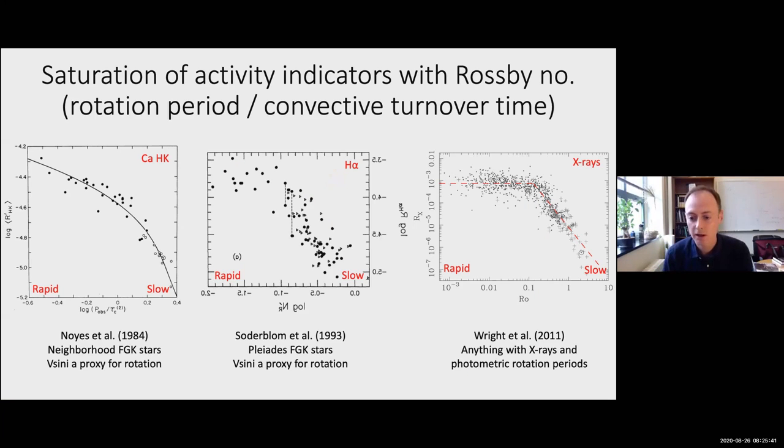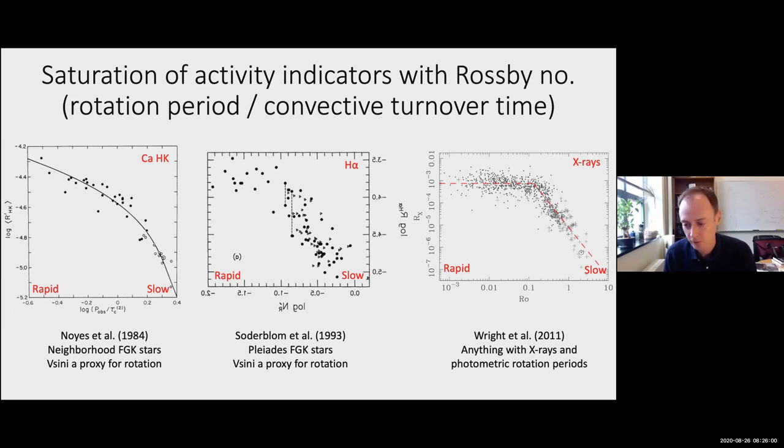So the context for this work involves this feature that is seen for stars with convective envelopes, FGK stars and M-dwarf stars, wherein at lower and lower Rossby number, activity indicators appear to saturate.